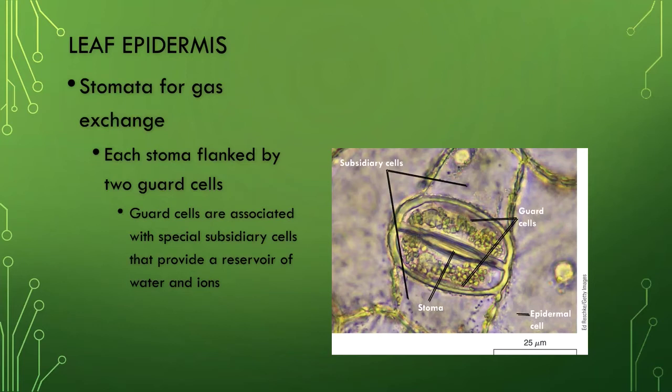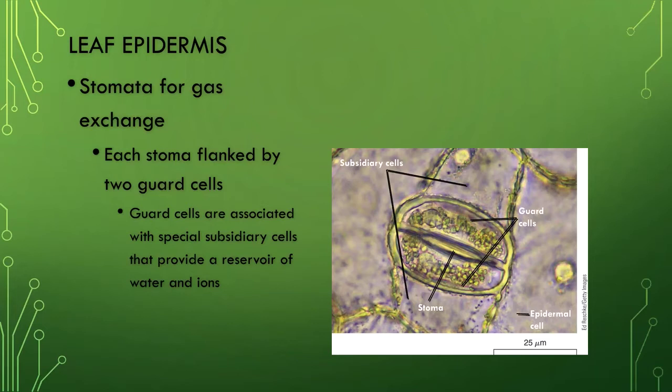And we see that amount of waxy cuticle changes as we look at plants in different environments. In the tropical rainforest, it's got a pretty thin waxy cuticle. Out here in Southern California, it's pretty thick. These are things to help protect the cells from the dryness of the sun and the heat. Okay, again, the epidermis on the lower portion of the leaf, the underside of the leaf, will have stomata for gas exchange.